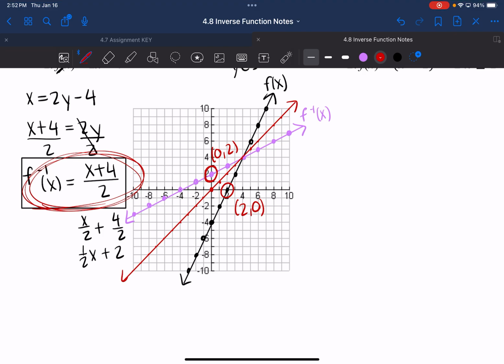Roughly the inverse, right? Yeah, minus.